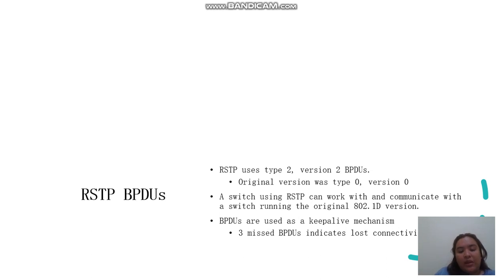RSTP uses Type 2, version 2 BPDUs. The original version was Type 0, version 0. BPDUs are used as a keepalive mechanism, and a switch using RSTP can work with and communicate with a switch running the original 802.1D version.